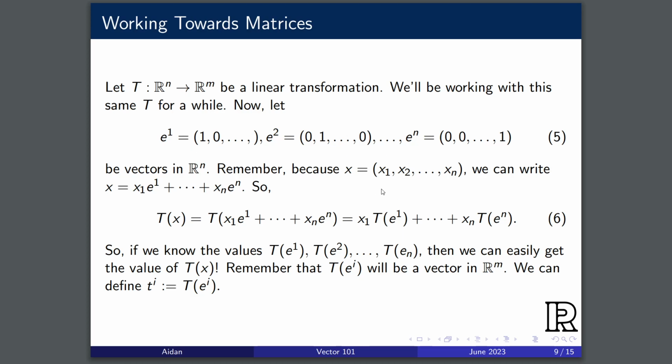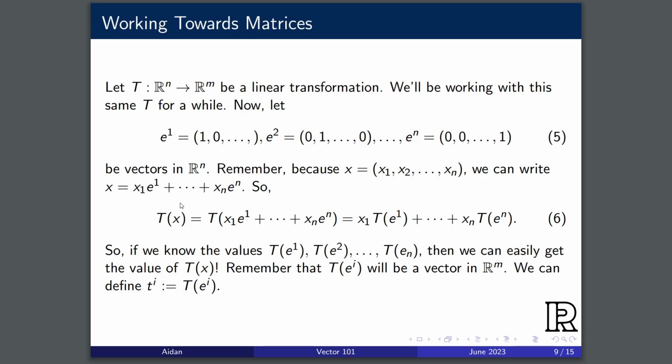Now we have x as this vector here with x1 through xn. And if you unpack this, if we take the scalar x1 and multiply it by e1, we'll get x1, 0, 0, 0. And then if we take x2 times e2, we'll get 0, x2, 0, 0, 0, 0. Right? And so if you do all the algebra and work everything out, you'll get that you can write x as a linear combination of these ei vectors.